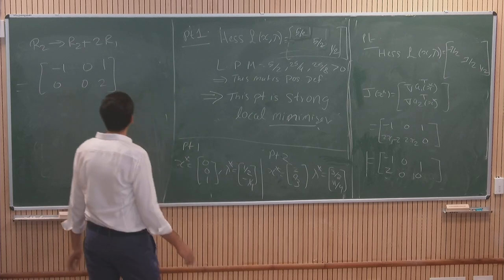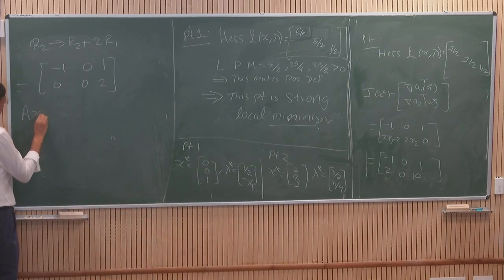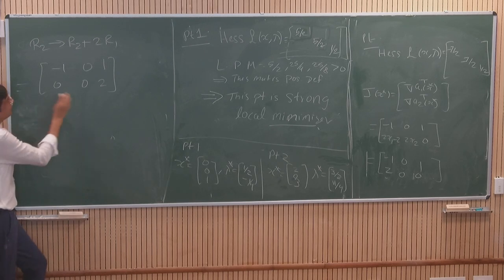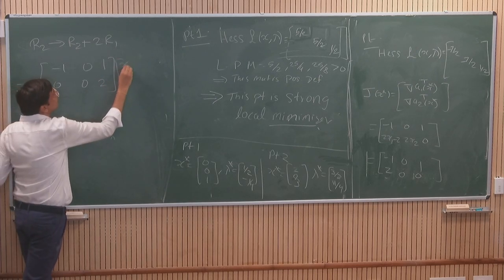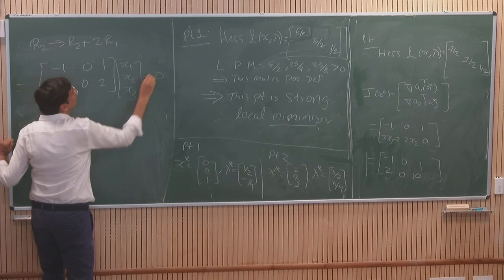But now we have to find the null space. What is a null space of a matrix? Find the vectors which come out of solving Ax equal to 0. That is called the null space. You've studied this before? Yes or no? So now what we'll do, we'll take this matrix and say x1, x2, x3 equal to 0.